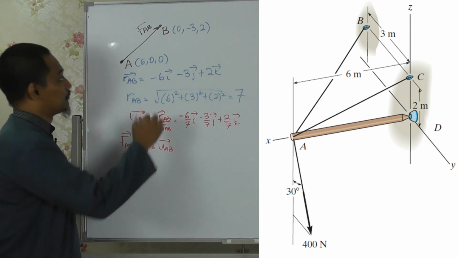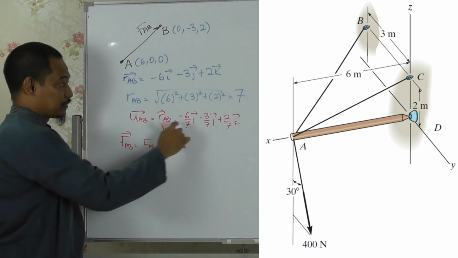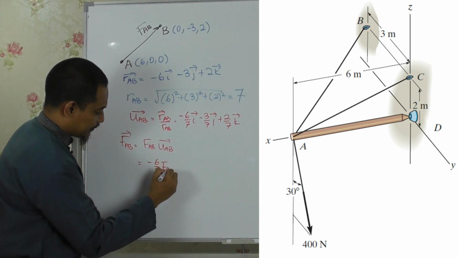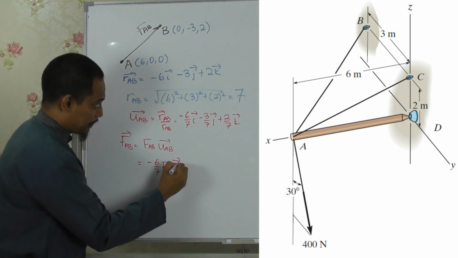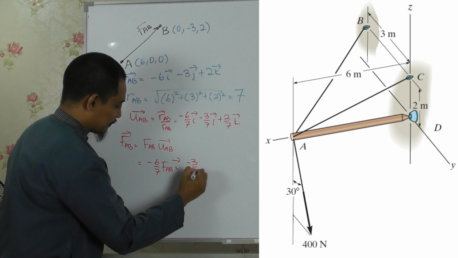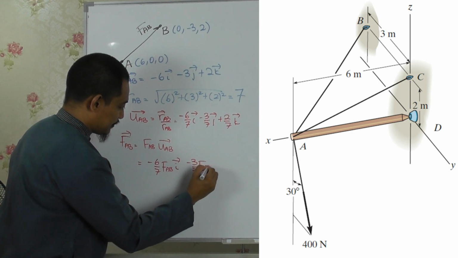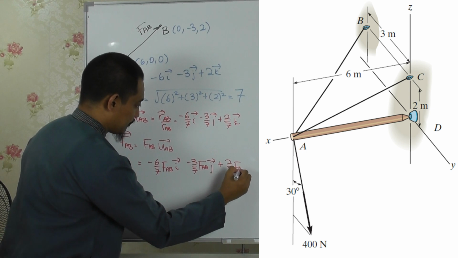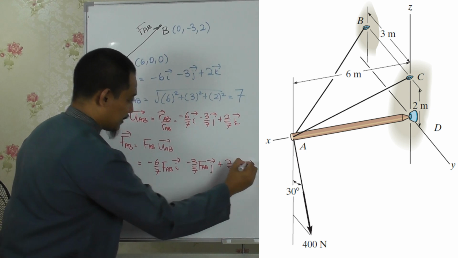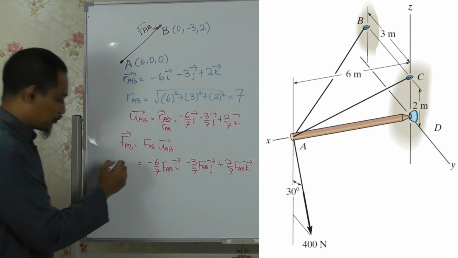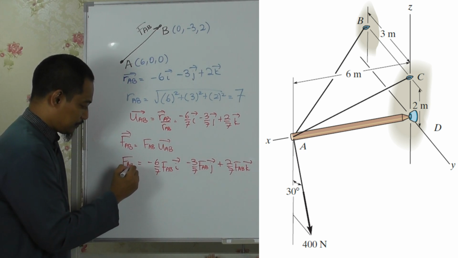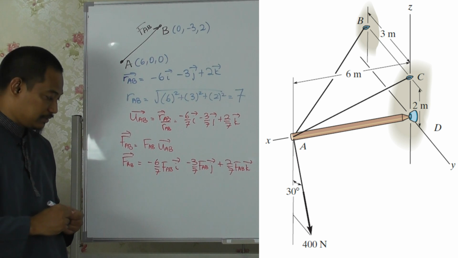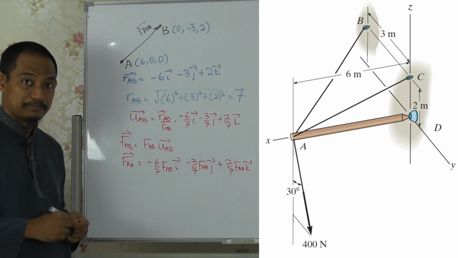If you multiply this unknown with all of this, you get minus 6 over 7 FAB i minus 3 over 7 FAB j plus 2 over 7 FAB k. So this is the force AB in Cartesian vector form.